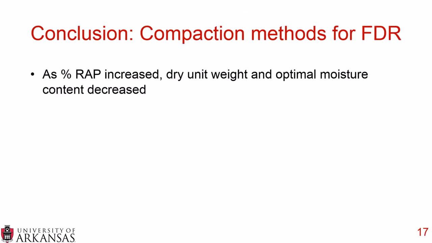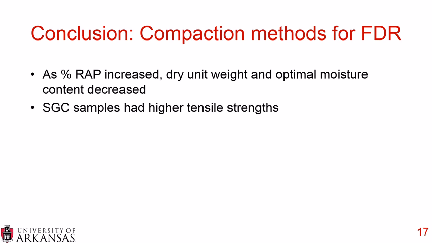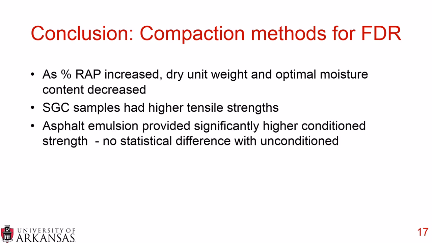So in conclusion, when looking at the different compaction methods for full depth reclamation, or FDR, we found that as the percent wrap increased, or as the percent bound material increased, the dry unit weight and the optimal moisture content decreased. We found that the Superpave Gyratory compactor produced samples that had higher tensile strengths than the modified Proctor.